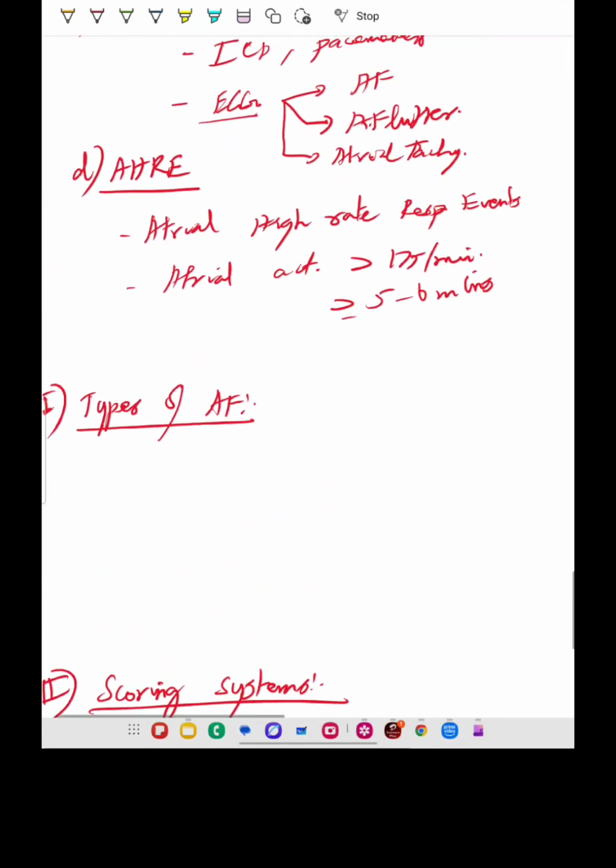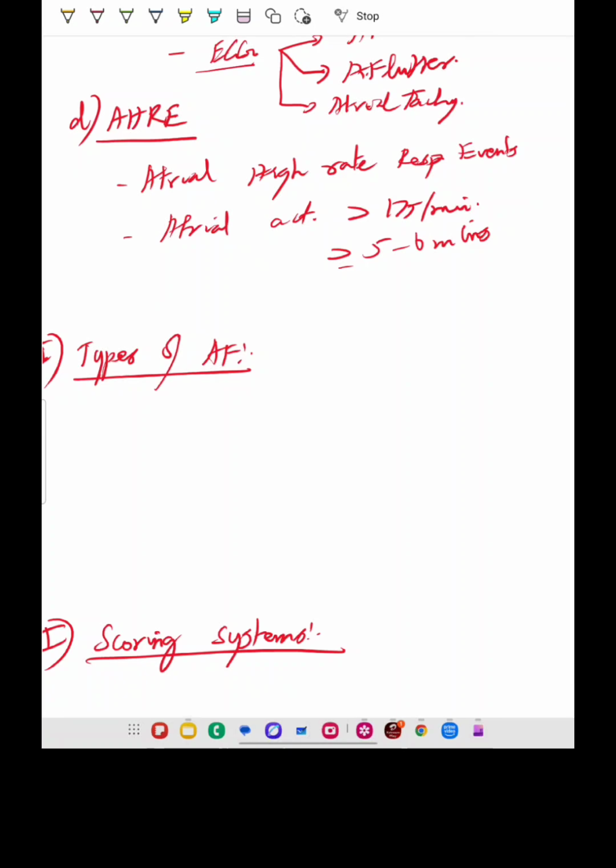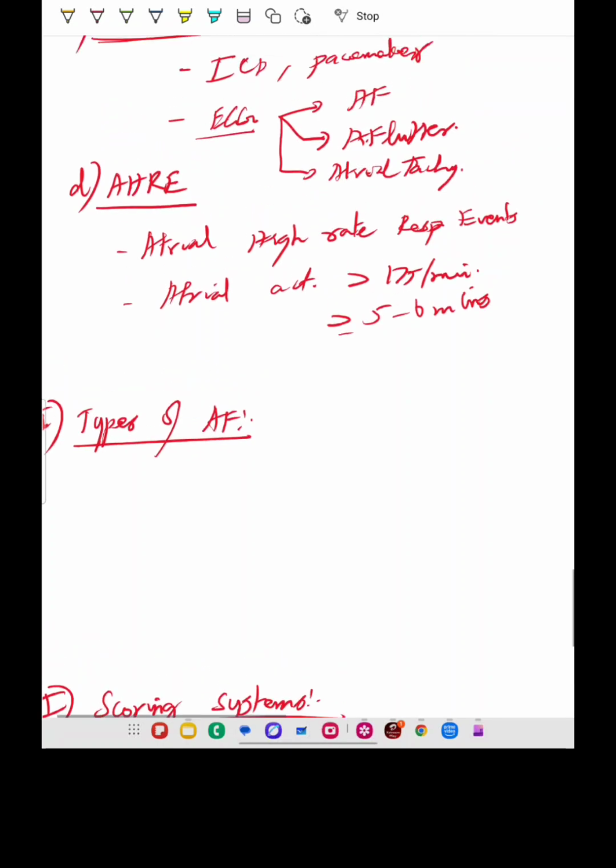Your ICDs or your pacemakers might report this as AHREs, and when you get a patient like that, you'll have to take an ECG to see if the patient has atrial fibrillation, atrial flutter, or atrial tachycardia.